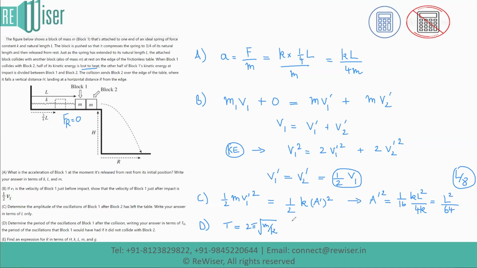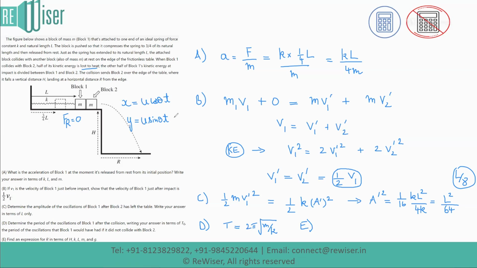Now, find an expression for r in terms of h and k. This is projectile motion. For projectile motion, we have two equations. For the horizontal part, x is equal to u cos theta t. For vertical motion, y equals u sin theta into t, plus or minus half g t square depending on whether the body is going up or going down.